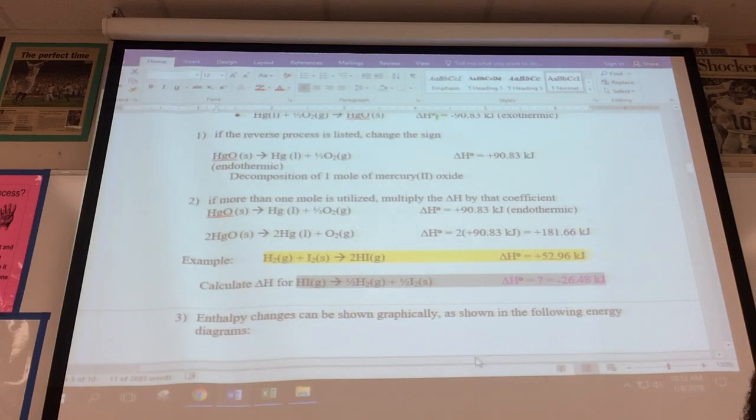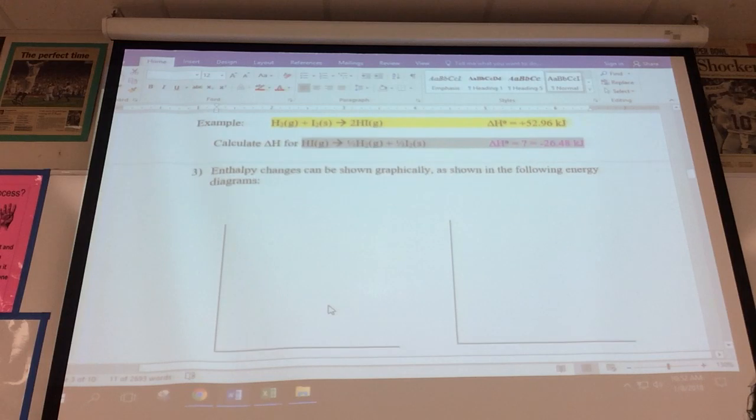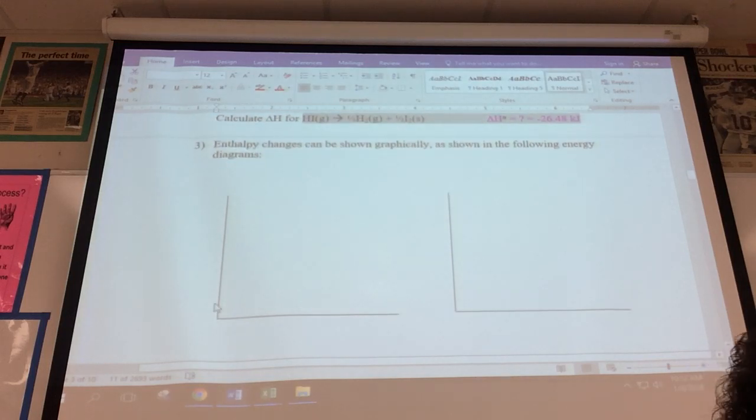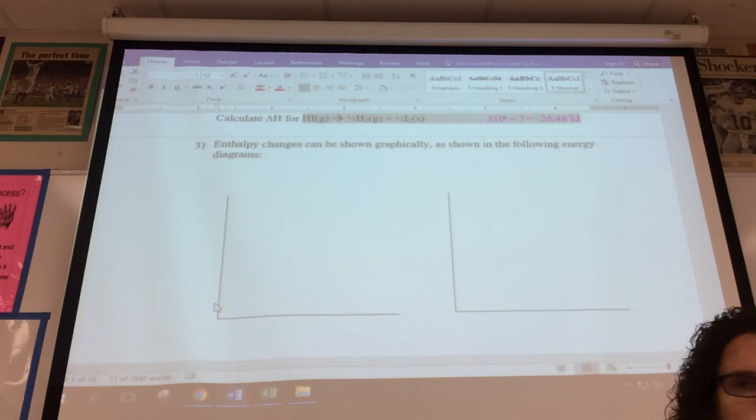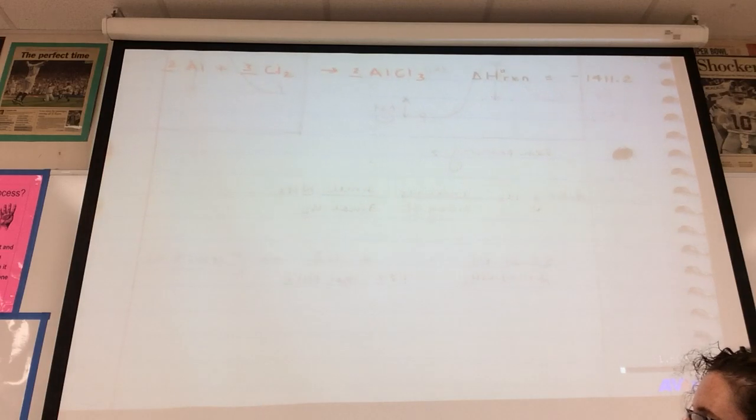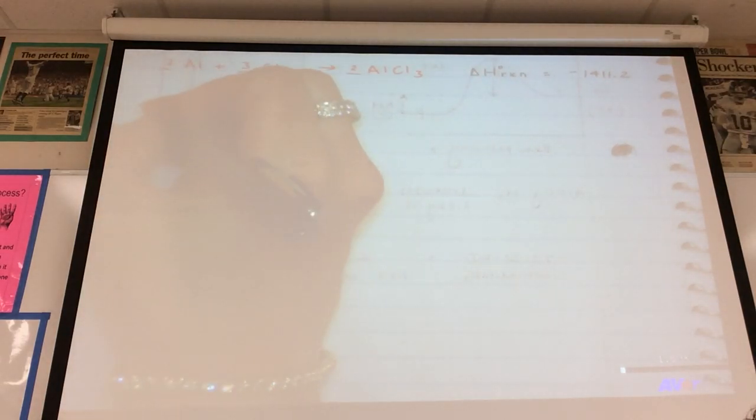And you'll see a couple problems like that in your textbook. And if you would spend the time doing it tonight, I think you'd feel a lot better about where we're going. You can draw enthalpy or illustrate enthalpy changes using the same type of profiles we did in the kinetics chapter. Let's take a few minutes to review this.